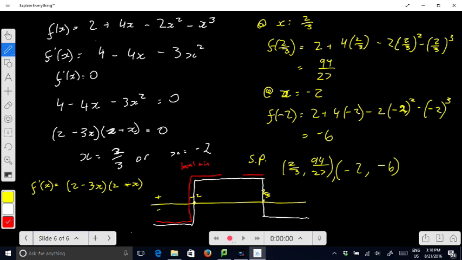And then the opposite for this one, so that means we've got a local max.